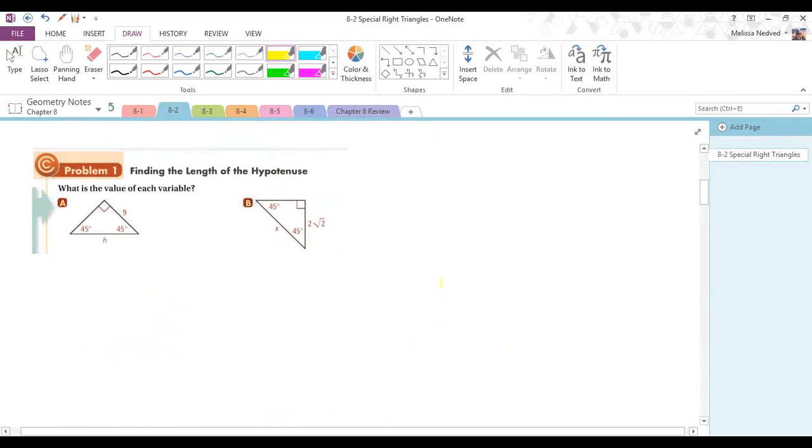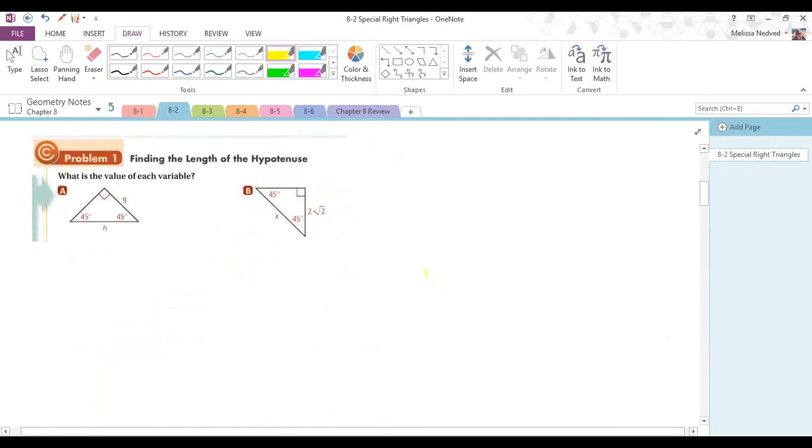Okay, so we're just going to start off here with finding the length of the hypotenuse of two different triangles we have here. So the first thing you want to do, now we've only talked about these 45-45-90 triangles so far, but it's always good to first look at and identify what type of triangle you have. We're going to introduce a second special right triangle here in a little bit, and so we want to make sure that we are clearly identifying which type of triangle we're looking at.